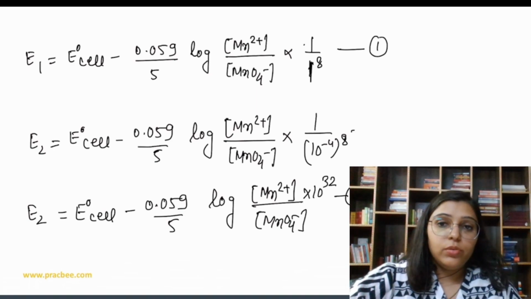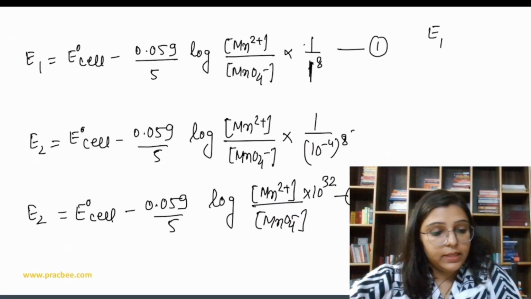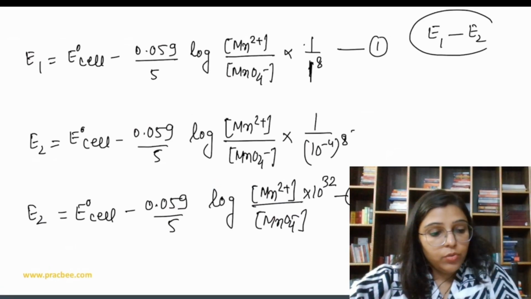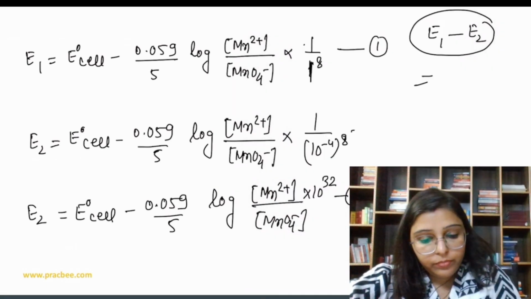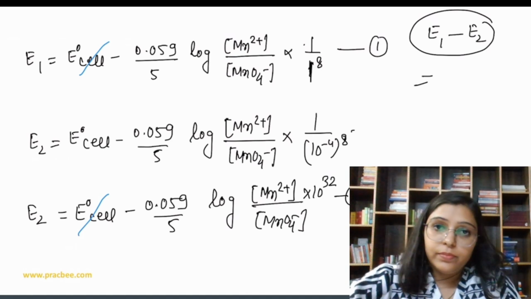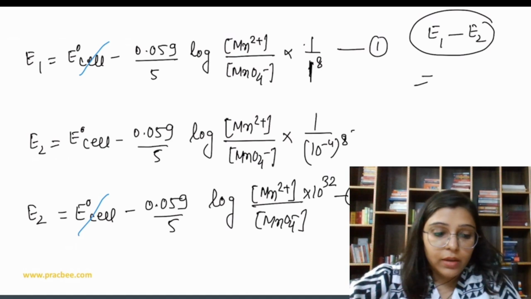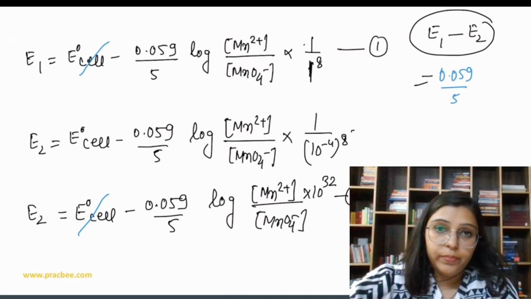Now what we are going to do is subtract E1 minus E2. Once you subtract, the E naught cell terms cancel. Now we take 0.059 upon 5 common.